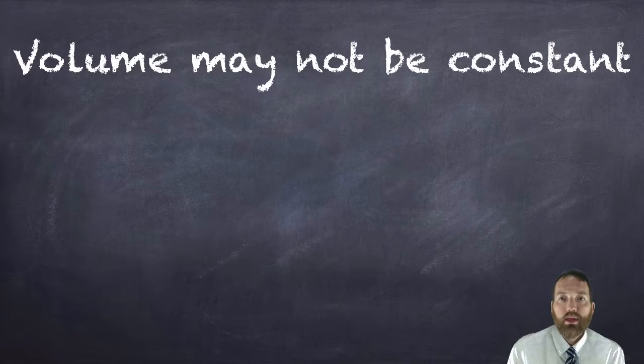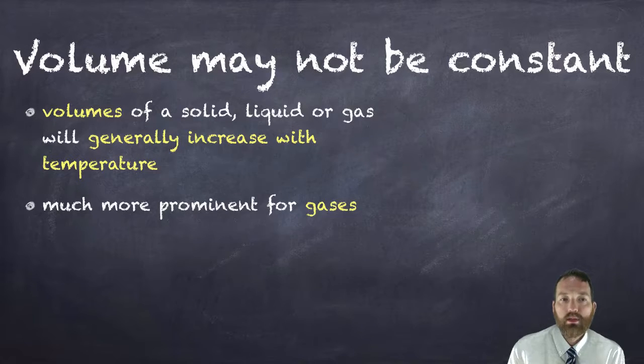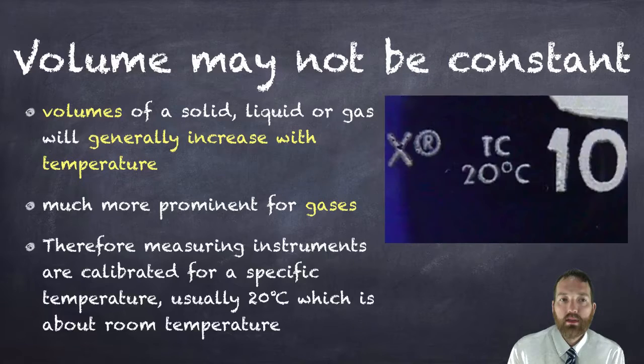Volume may not be constant though. Volumes of a solid, liquid, or gas generally increase with temperature. This is much more prominent for gases. For liquids it's not as prominent, but it's still pretty significant. So if you look carefully on something like a graduated cylinder, you'll see a little symbol at the top that says TC or TD, 20 degrees Celsius.